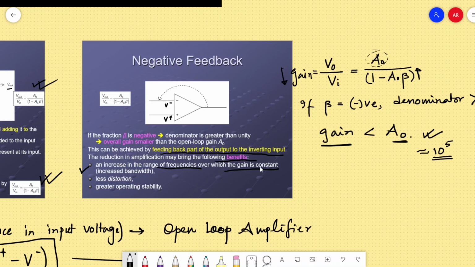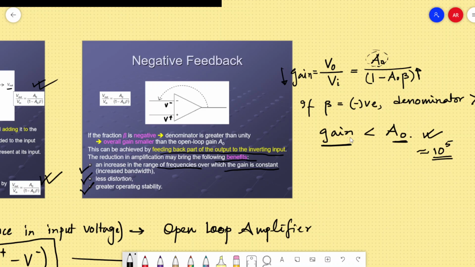It operates in such a way that at increased frequencies, the gain remains constant. Distortion is reduced, and operating stability is optimized.